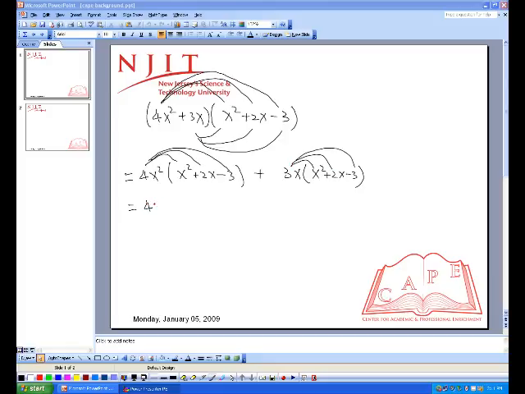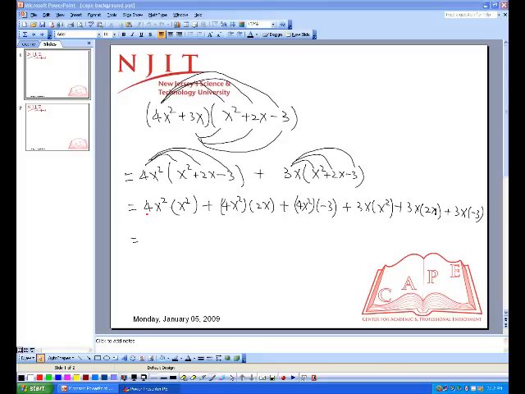So it will be 4x squared times x squared plus 4x squared times 2x plus 4x squared times negative 3. I know it's a little bit long, right? Plus 3x times x squared plus 3x times 2x plus 3x times negative 3.